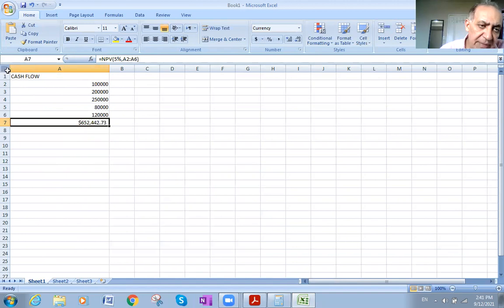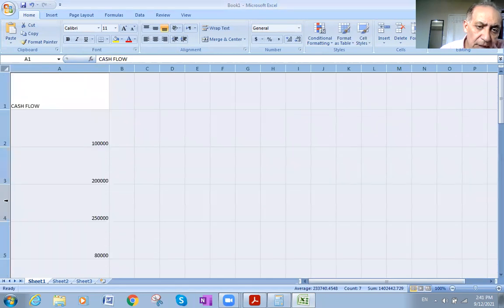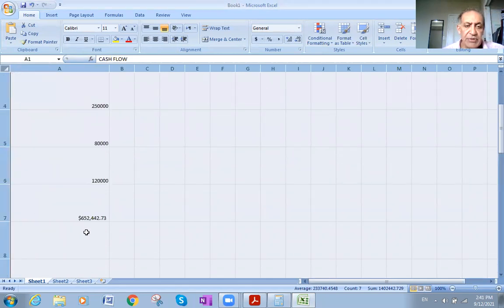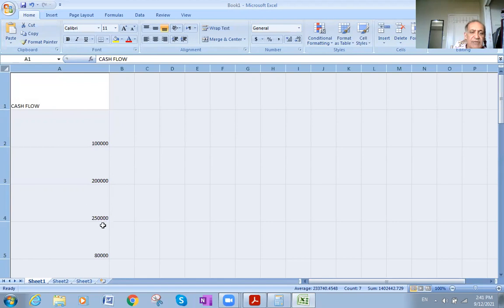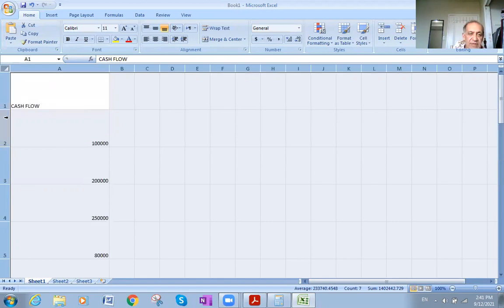Let me enlarge the cells. So the total amount will be this amount in front of you. It's very large, so I can narrow it just a little bit.